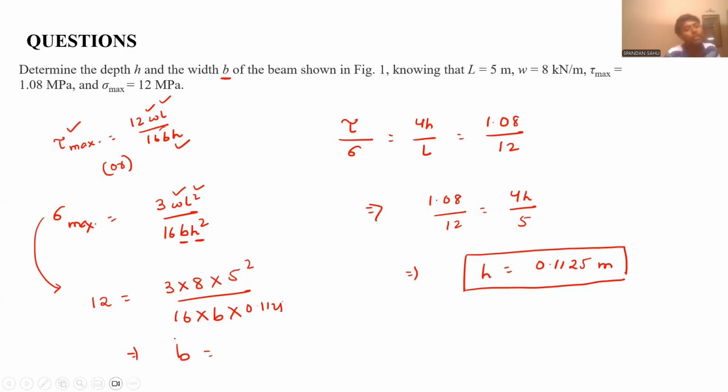Tell me what value of B you are getting. It is 3 into 8 into 5 square upon 16 into 0.125 into 2. So we are getting B to be 27.